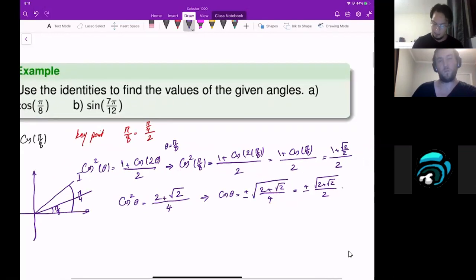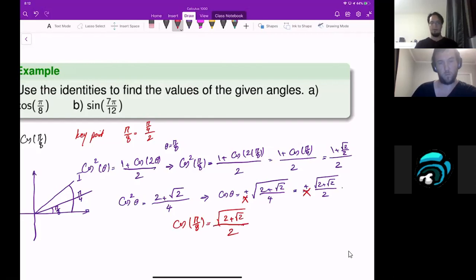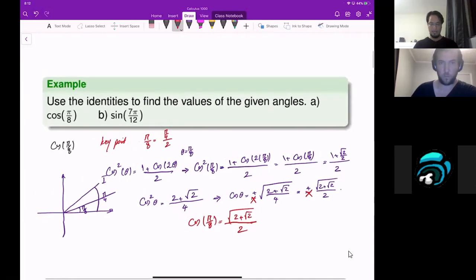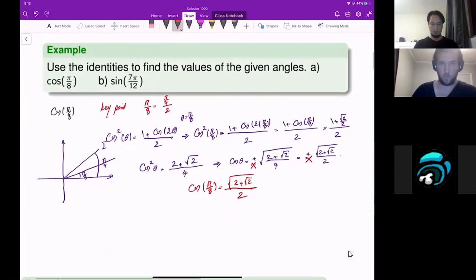So we should drop the negative sign here, and it will be just positive. So cosine of pi over 8 is equal to root of 2 plus root 2 over 2. And that's how you find the cosine of that angle.